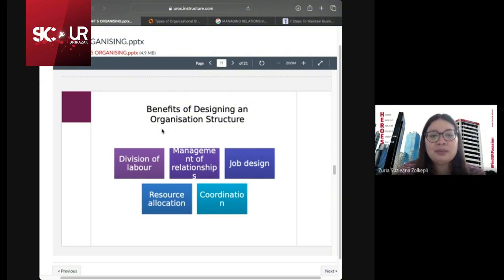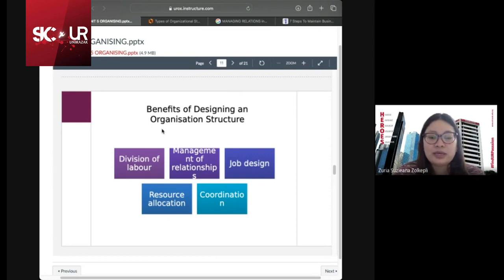Okay. And then management of relationships. So, like I've mentioned to you just now, we don't want your employee to work in silos. We would like them to have more open communication. So, choosing the best structure for you is important for your company because it will affect the communication, the culture, and so on. Right? The job design, the way that people work.